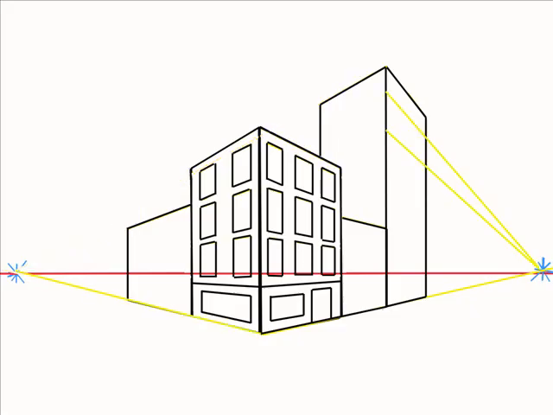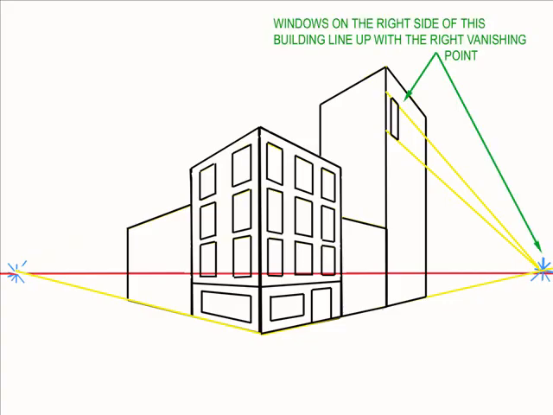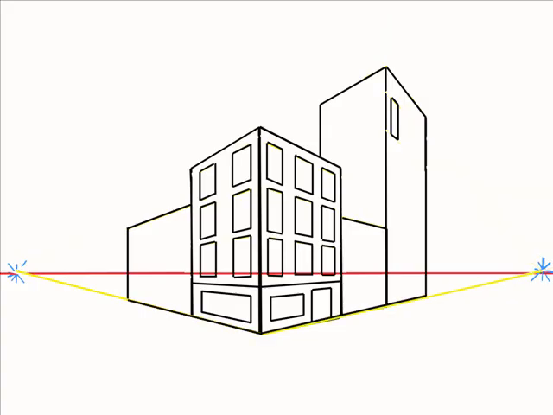Once again, windows on the right-hand side of the building line up with the right vanishing point. And windows on the left-hand side of the building line up with the left vanishing point.